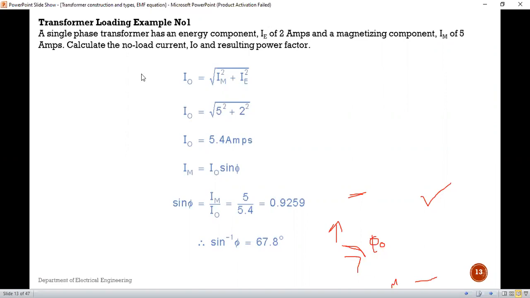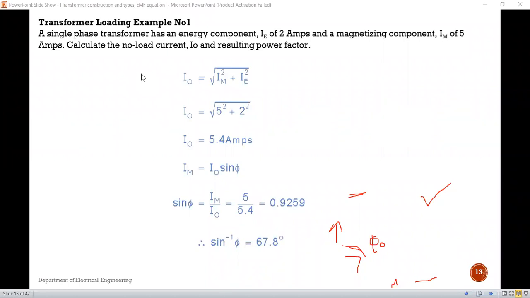A single phase transformer has an energy component, that is IE equal to 2 ampere, and the magnetizing component, that is I mu, or Im, of 5 ampere.